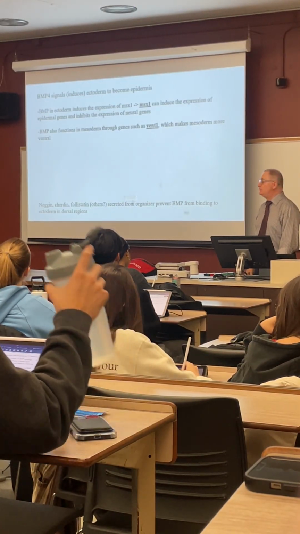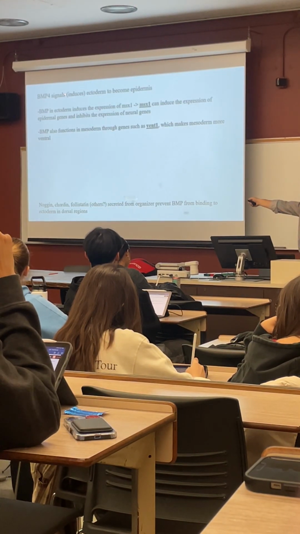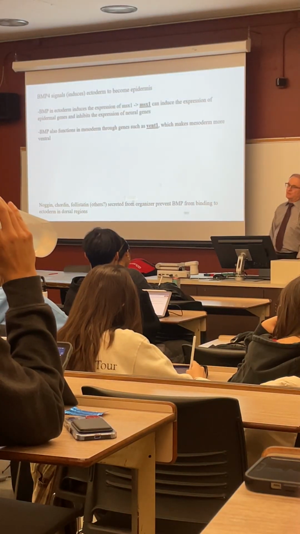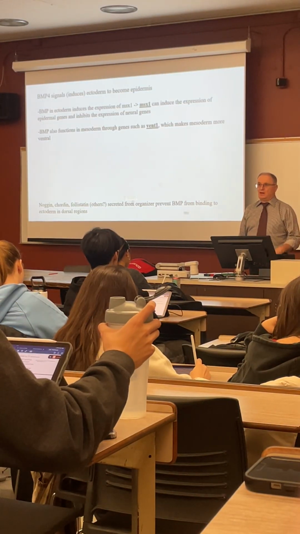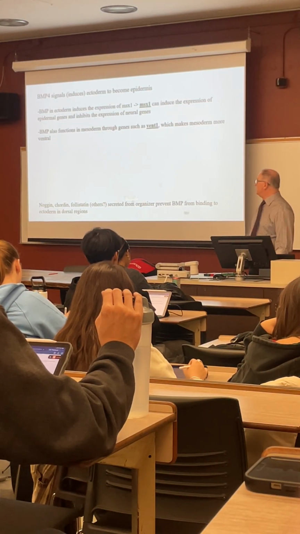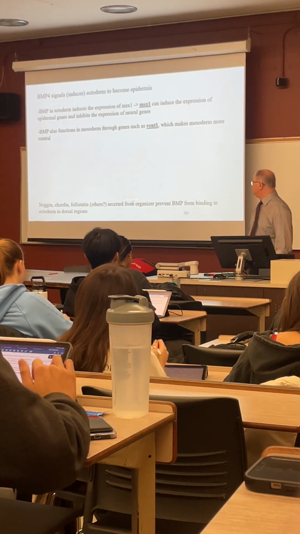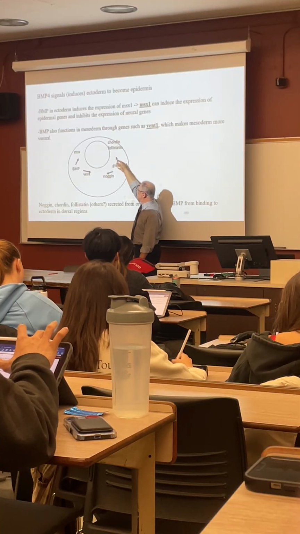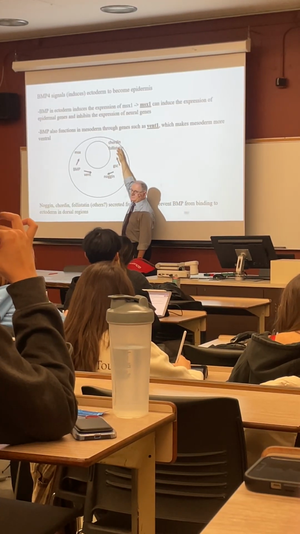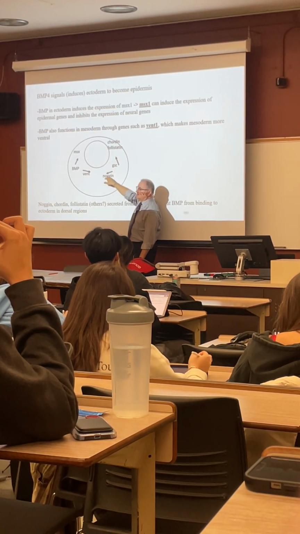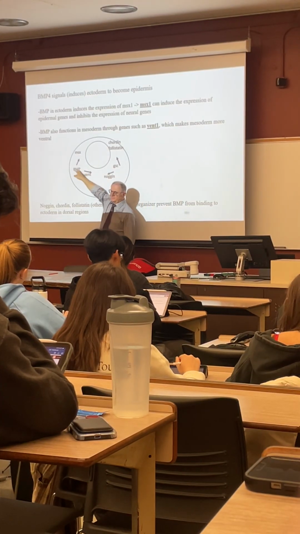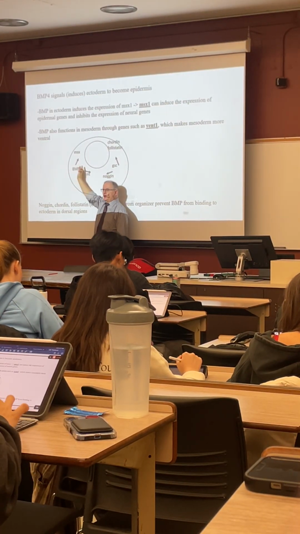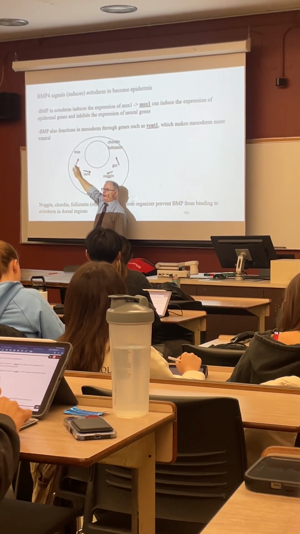How is BMP doing this? So BMP signals and induces ectoderm to become epidermis. How is it doing this? It's doing this by these two other genes, right? So on one side you have a dorsal organizer, goosecoid, and you're going to cause the secretion of chordin, follistatin, and noggin. On the other side, you have BMP. It's going to make things more ventral, and it's going to make things epidermis.